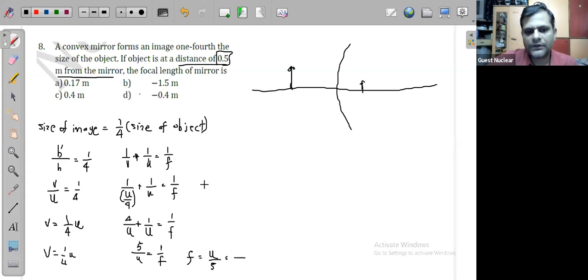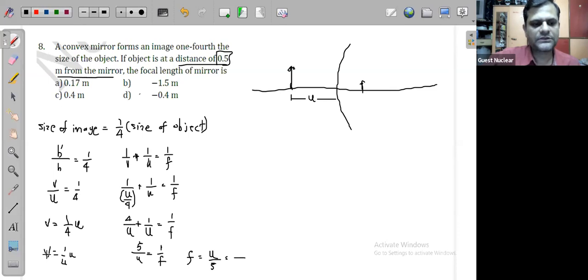Yeah, we have to consider these sign conventions here. Okay, u का वैल्यू निगेटिव लेना होगा हमको. u is going to be negative, but v is going to be positive actually. So therefore v is equal to 1/4 of u, but u is already negative.